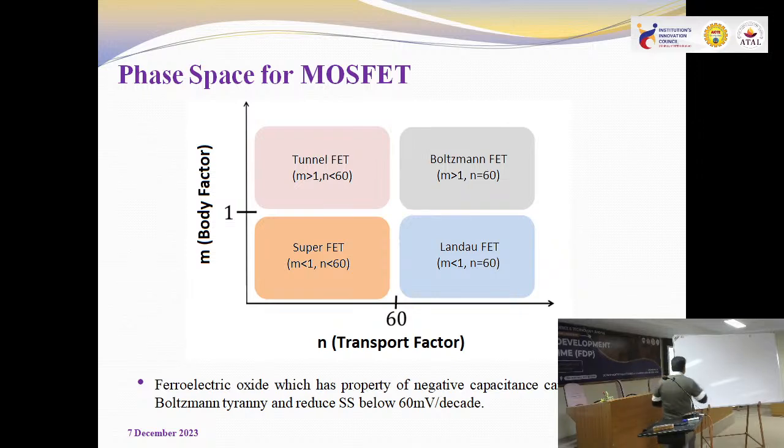Because M is what? M equals 1 plus C depletion by C oxide. Now I have to make this term less than 1. It is 1 plus something, so this can be less than 1 only when this becomes negative.